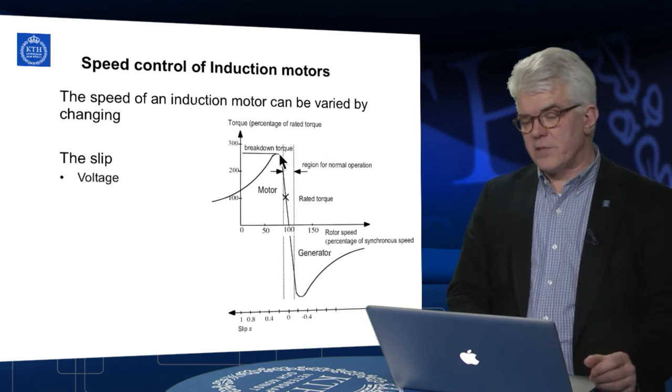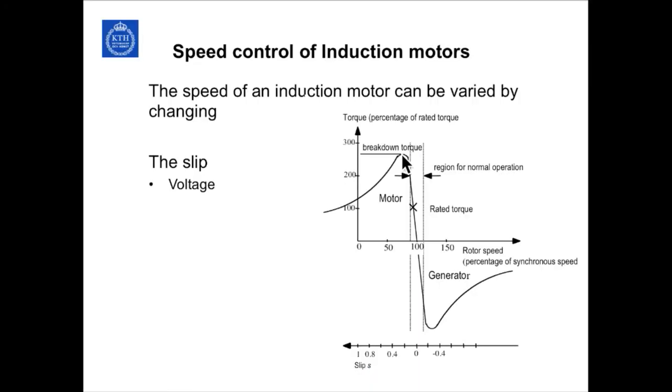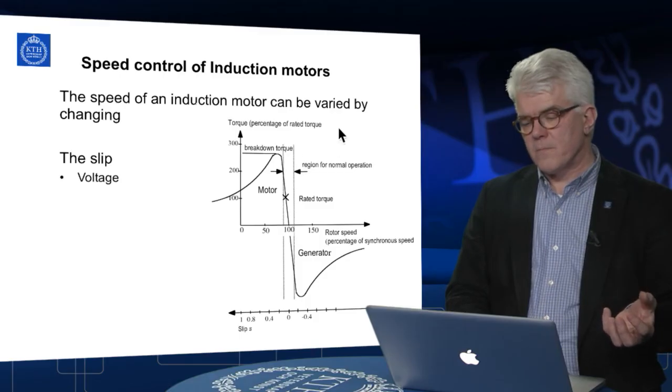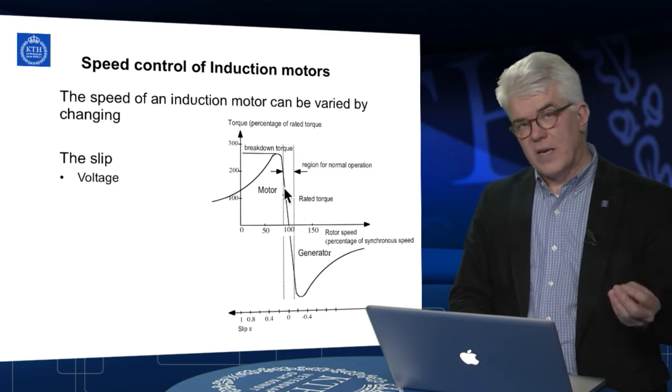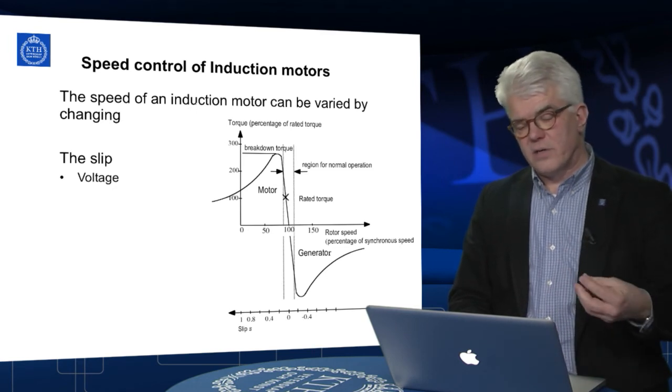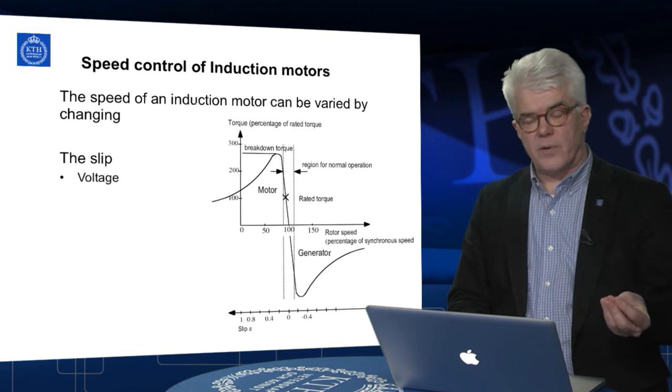If we lower the voltage, the breakdown torque will go down, and that will generate a slope of this curve that is less steep. That is, for a given load torque, we will get a different operating point, that is a different slip and a different speed. So this is one way of controlling the speed of the motor, by controlling the voltage and in that way controlling the slip.